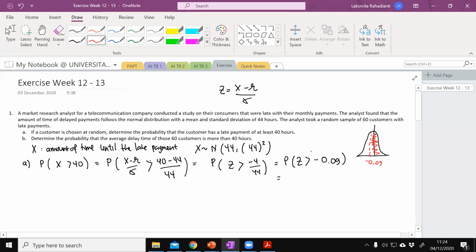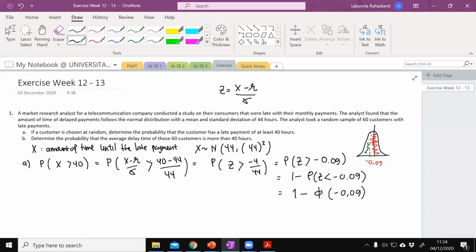Since I can't do that, I can compute 1 minus the left-hand area, or in other words, 1 minus P(Z less than negative 0.09), which is 1 minus phi of minus 0.09.